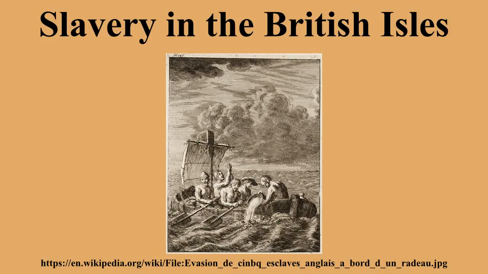Triangular trade. By the 18th century, the slave trade became a major economic mainstay for such cities as Bristol, Liverpool and Glasgow. Engaged in the so-called triangular trade, the ships set out from Britain, loaded with trade goods which were exchanged on the West African shores for slaves captured by local rulers from deeper inland.